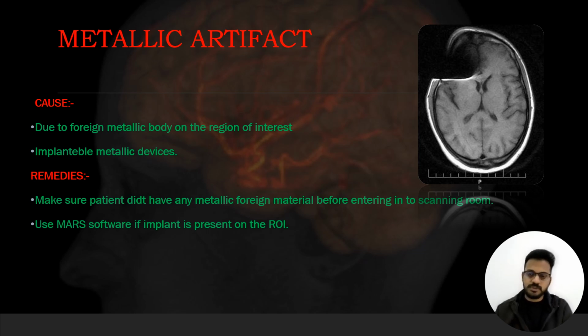We can screen with a metal detector, or change the patient into a hospital gown. Some implantable metallic devices in the region of interest also cause this metallic artifact. To reduce this artifact, we can use special software like metal artifact reduction software available in modern MRI scanners.